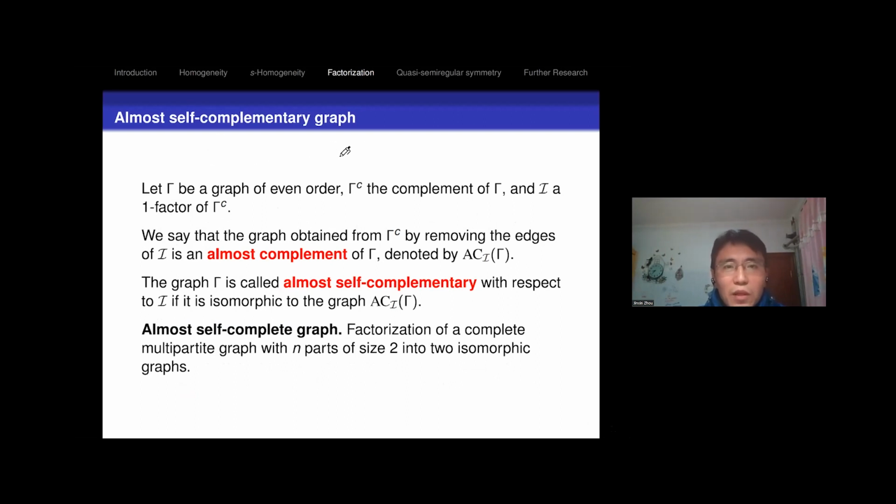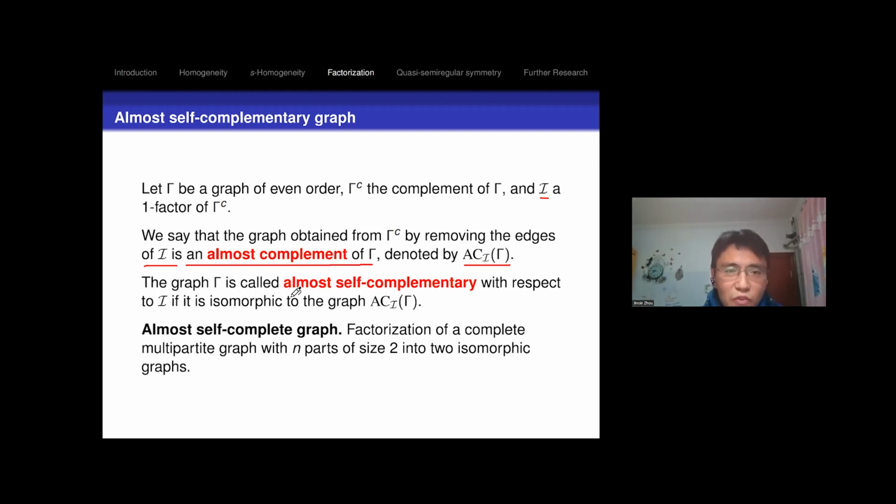Another factorization is called almost self-complementary graph. Let gamma be a graph of even order. Gamma C is the complement of gamma, and I is a one-factor of gamma C. Let us say that the graph obtained from gamma C by removing the edges of I is the almost complement of gamma, and denoted by this.